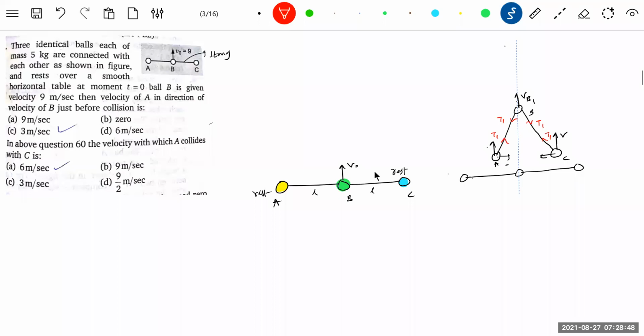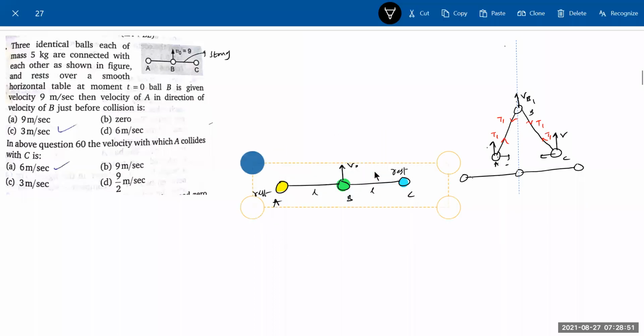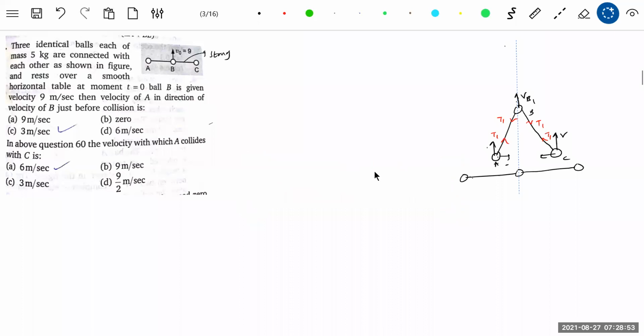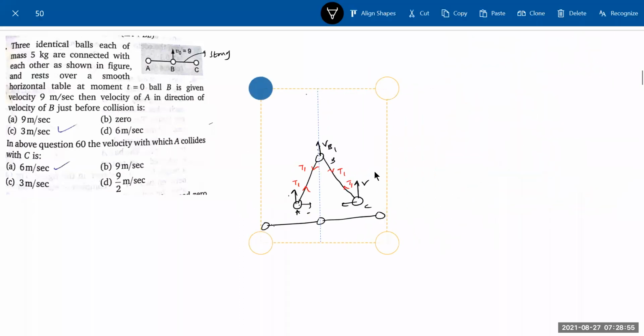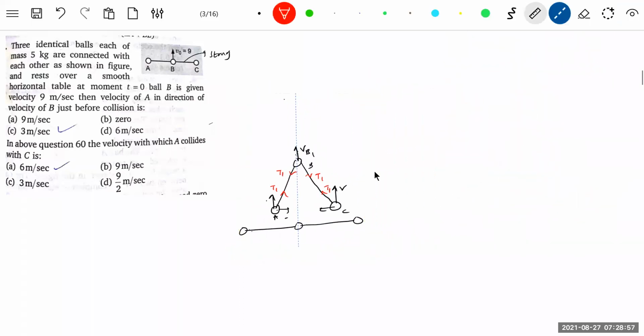Then finally, what will be the sequence? Next sequence, what will happen? At one instant, what we see is this will be the ball B. Ball B will have velocity VBY.